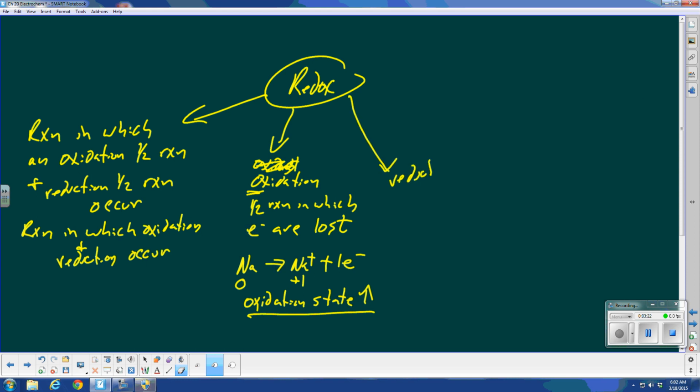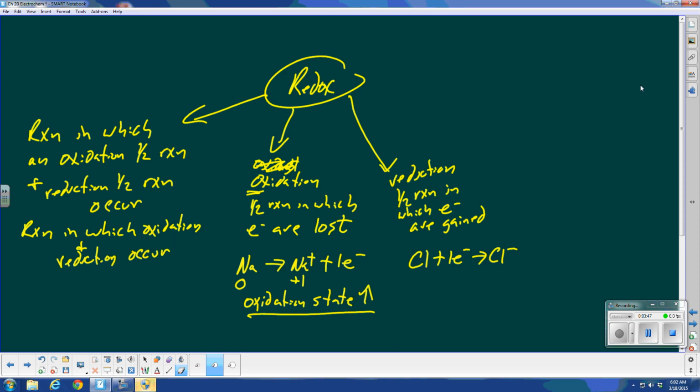Reduction is a half reaction in which electrons are gained. I can take chlorine and add 1 electron, and I would get chloride. In this case, I am adding electrons, so that would be reduction.